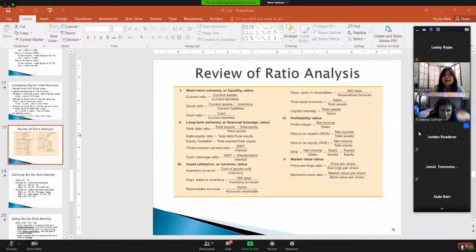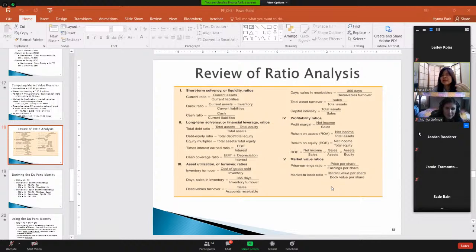Well, among those 5 categories, there are liquidity ratios, leverage ratios, asset utilization ratios or turnover ratios, and profitability ratios and market value ratios.